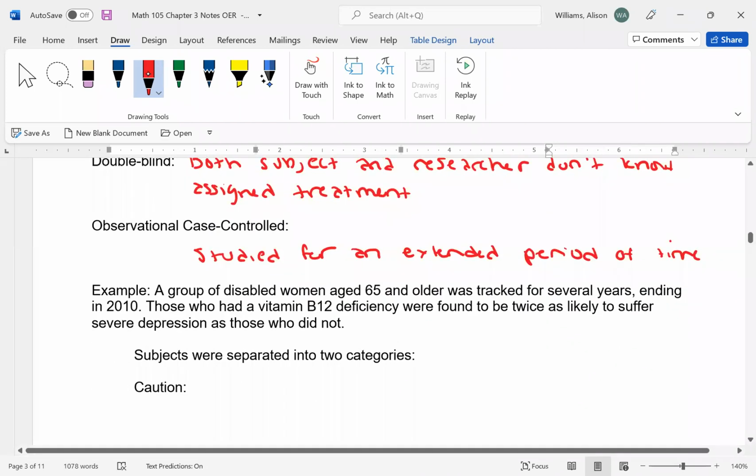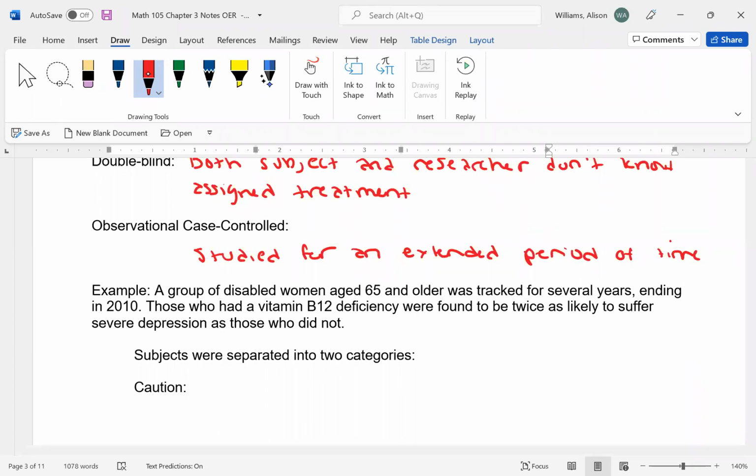A group of disabled women age 65 and older were tracked for several years. That means they'd be in an observational case controlled study. Ending in 2010, those who had a vitamin B12 deficiency were found to be twice as likely to suffer from severe depression as those who did not. So the two groups were in two categories. And the first one is that they have a B12 deficiency.